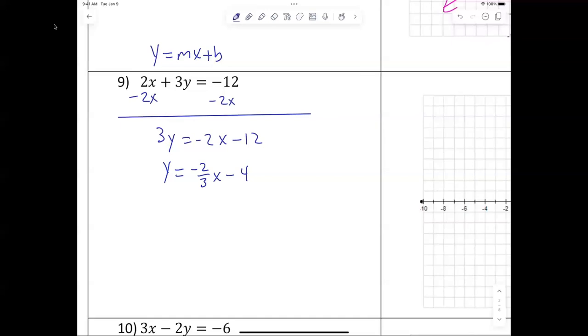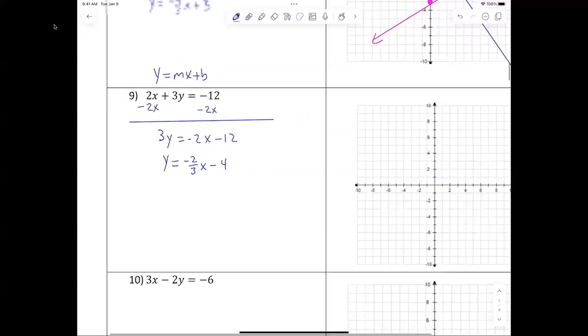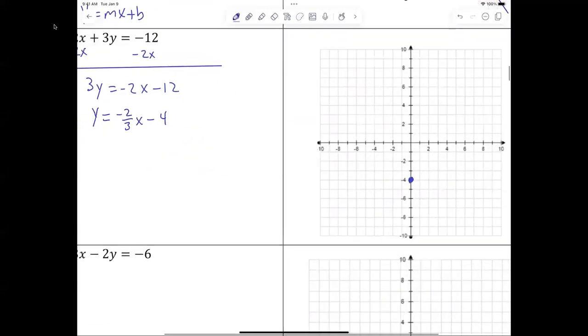All right, Maggie, now you're going to try to graph number 9 for me. What am I doing? 0, comma what? 4. What kind of 4? Yes, 0, comma negative 4. We plot that point. From there, I go what? We don't have to say down negative 2.